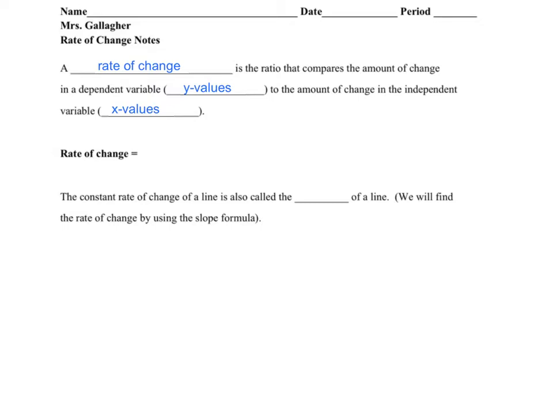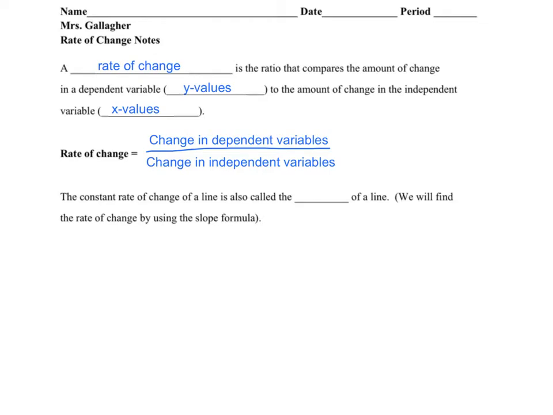So this means the rate of change is equal to the change in dependent variables over the change in independent variables.